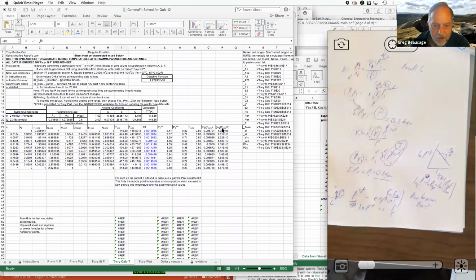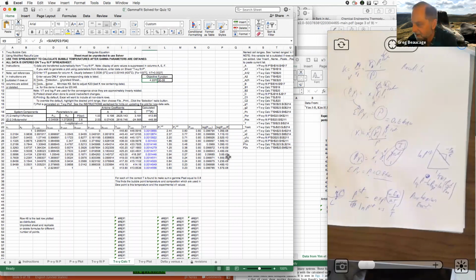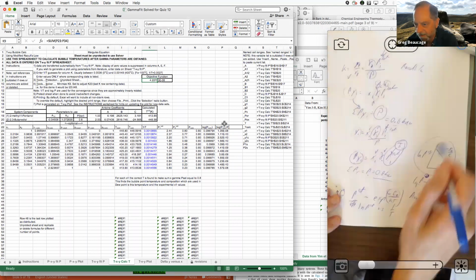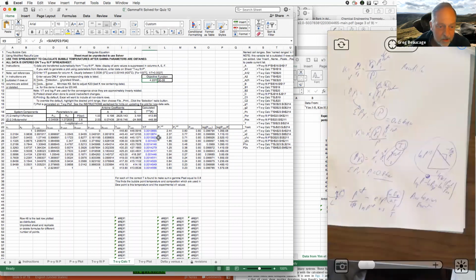So he's going to compare this log of P calc. He's going to sum these up. This is like a difference, and he's going to sum it into this objective function, the sum of the log of the P ratio. And he's going to vary the 1 over T, because that's a linear relationship, an Arrhenius relationship. So he just guesses some 1 over T's.